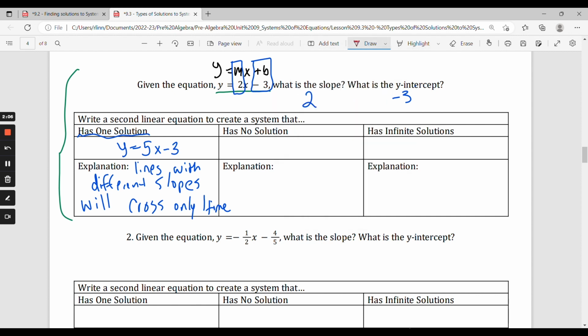On our next one, we need to create one that has no solution. So if I were to look at the front of my guided notes, I would see that we said, all right, a system has no solution when it has the same slope and different y-intercepts.